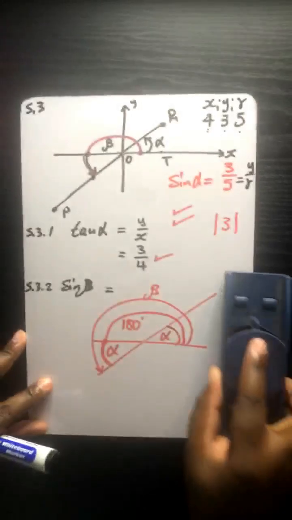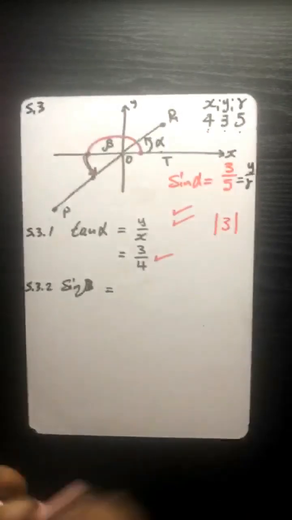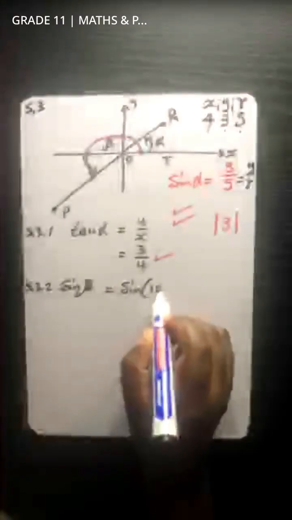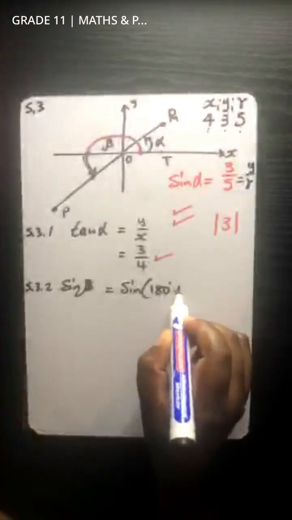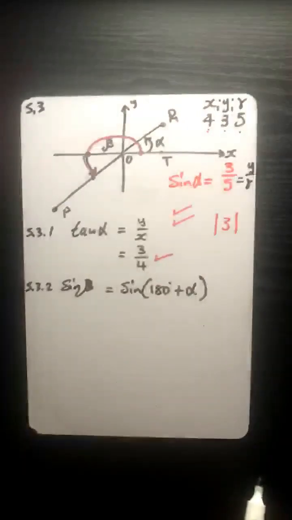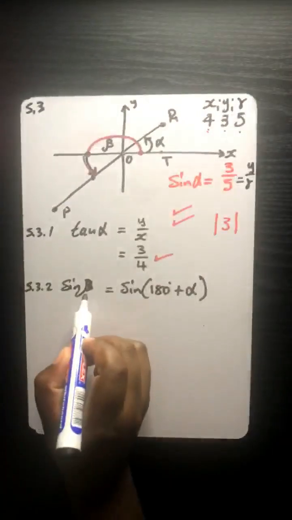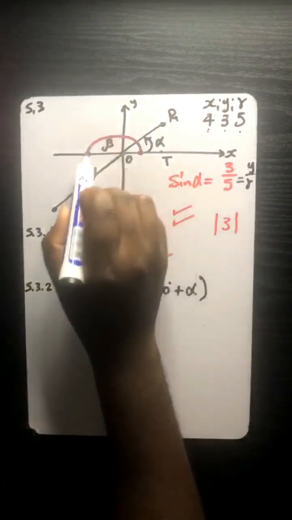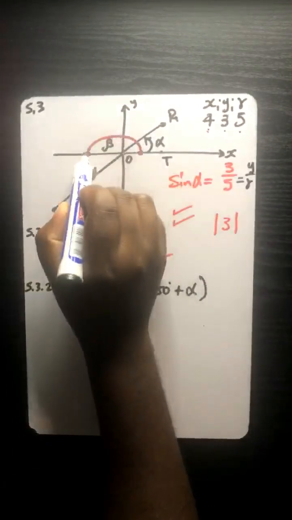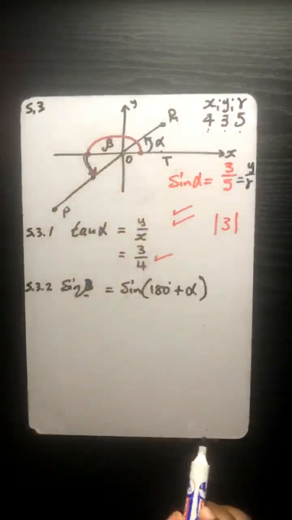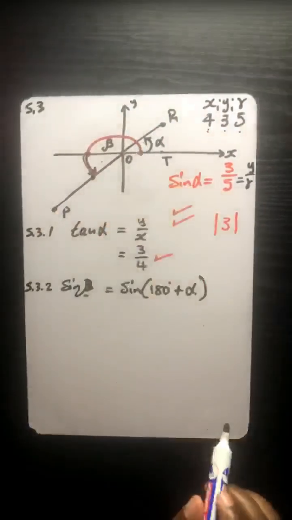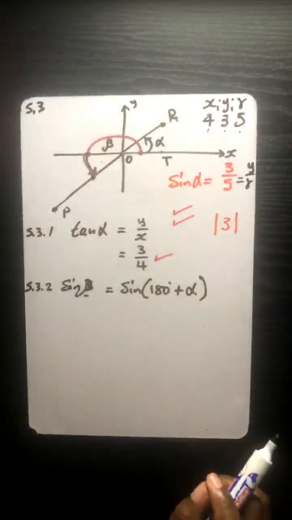Which means angle beta is the same as 180 degrees plus that alpha. This angle beta is the same as the whole of that, because it is a straight line being 180 plus that small angle. And that small angle is vertically opposite to this one, which is an equal angle.